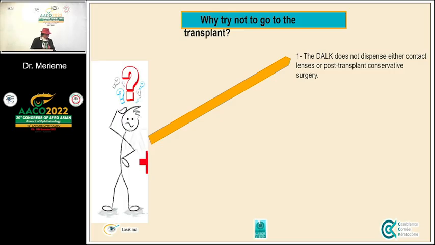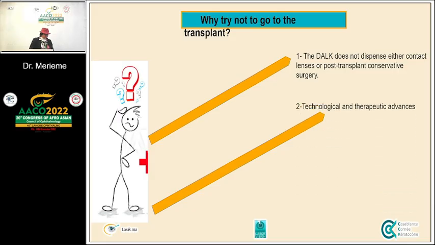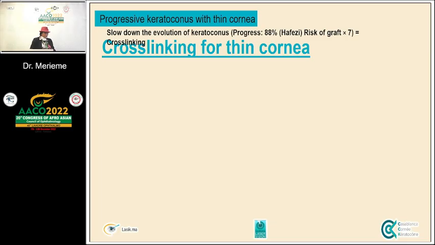That does not dispense with either contact lenses or post-transplant conservative surgery. And now we have technological and therapeutic advances, so we can use them not to do a transplant.